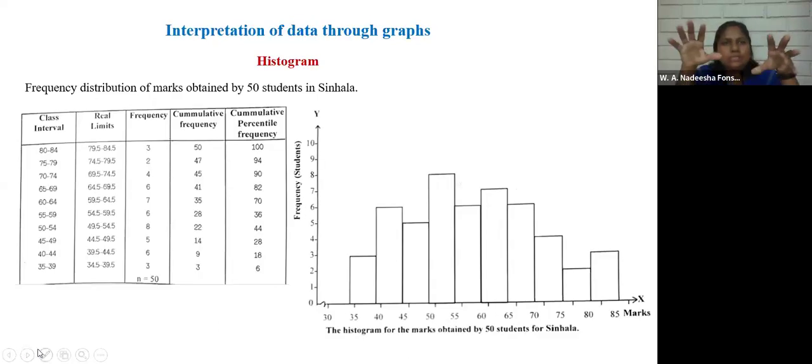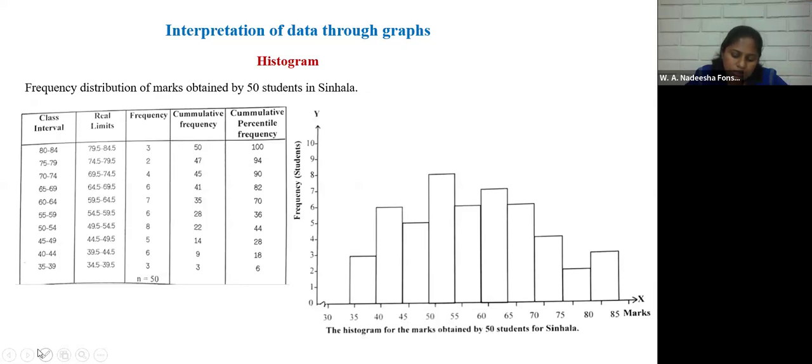A polygon is a closed shape, a closed figure. The polygon with the least number of sides is the triangle, then rectangle, square, then pentagon, hexagon, like that.